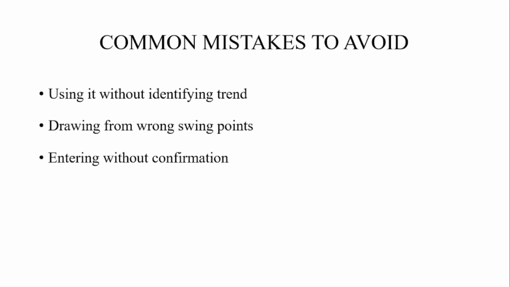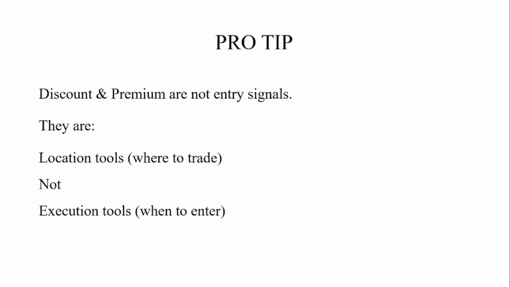Entering without confirmation. You want to rush into the market. The price hasn't even pulled back into your discount zone or your premium zone, but you just want to rush. It is not a standalone tool. You need to apply it with other confirmation to be certain that that particular zone is a valid point of interest or a valid point to enter the market, right?